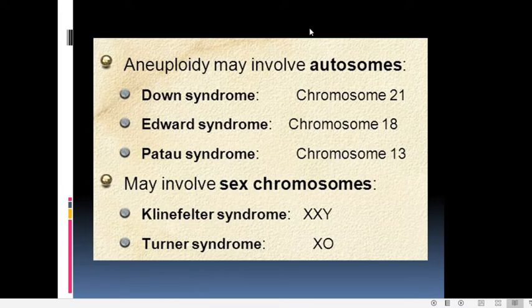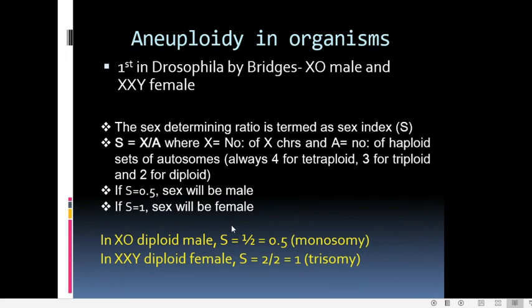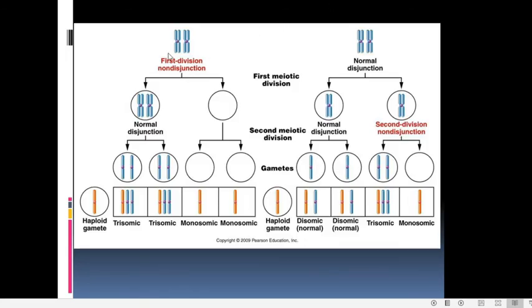It can happen to chromosome 21 or 18 or 13 or to the sex chromosomes, and it results in conditions like Down syndrome, Edwards syndrome, Patau syndrome, Klinefelter syndrome and Turner syndrome. So the chromosome pair shown here can be 21, 13 or 18, or it can be the sex chromosomal pair, either XY or XX. So this is XX.